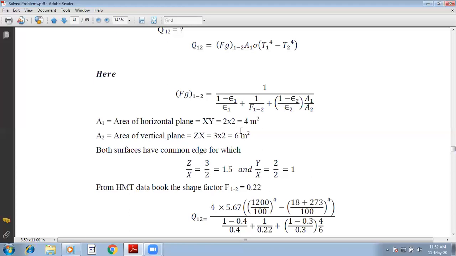So the value of A1 is 4 meters square into 5.67 into 10 to the power minus 8. In this case itself, you can consider the direct values. And this is in degree Celsius. Please note here, convert that to Kelvin scale.